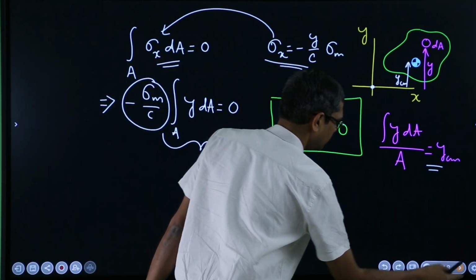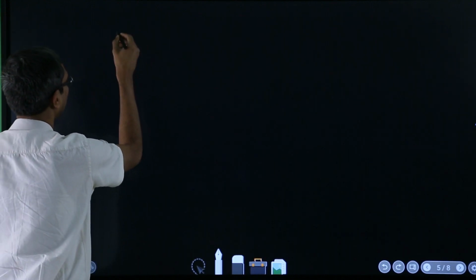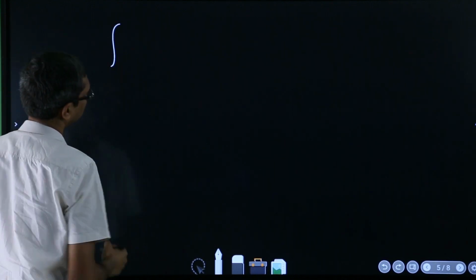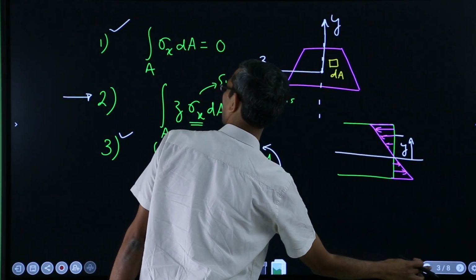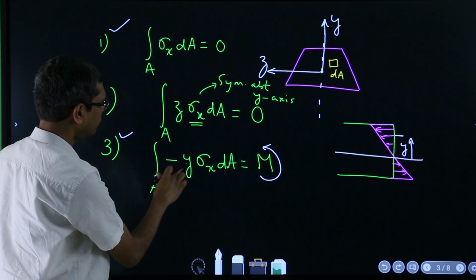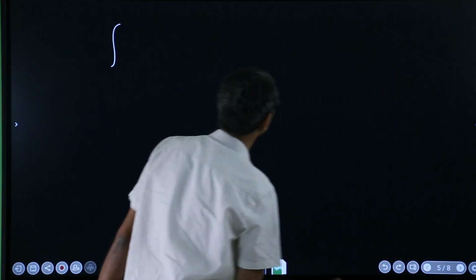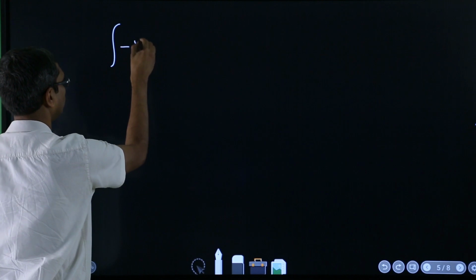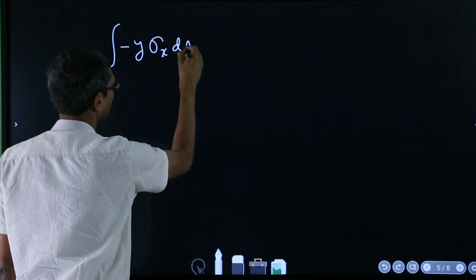Then let's go and discuss the second equation, that means the third one. What did it tell? Say this one. So negative y times this is m. Negative of y times sigma x dA is m.